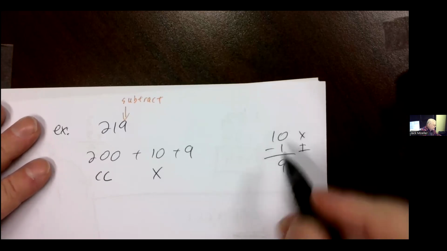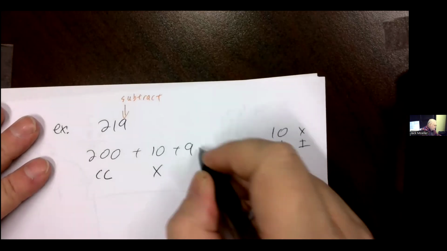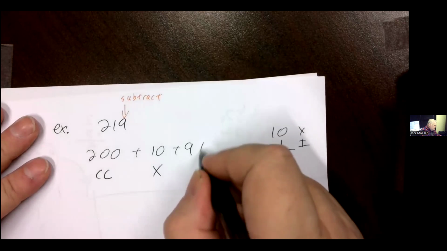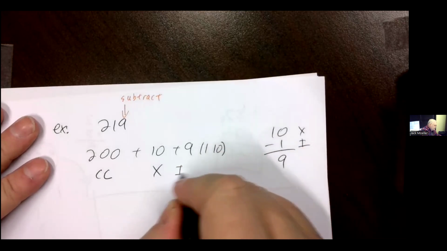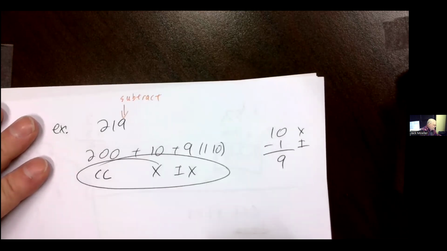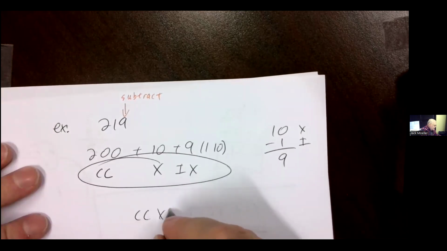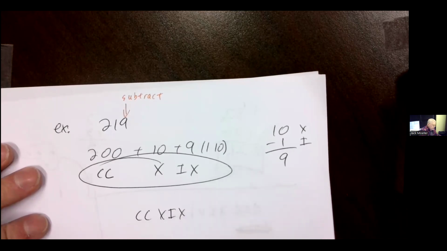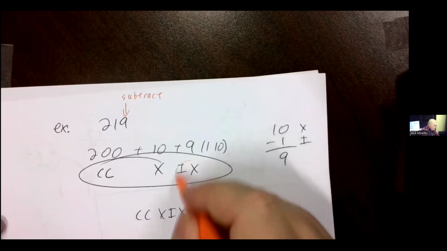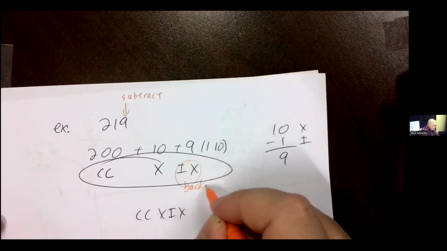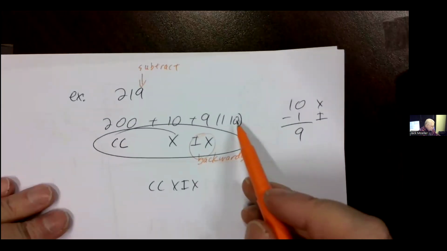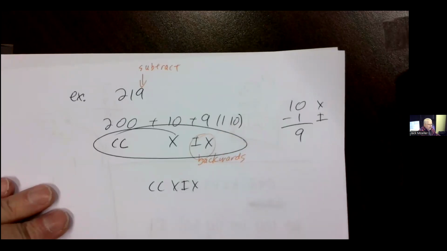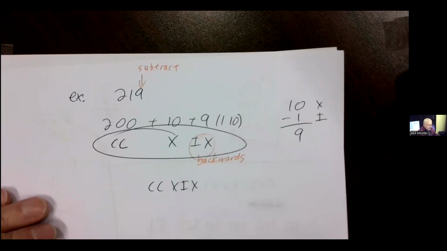We would write 10 minus 1, but for Roman numerals we need to do 1 minus 10. We need the I first and the X second. So CCXIX. Anytime you subtract, those have to be backwards. Don't do 10, 1, because then you're doing 11. But if you do 1, 10, that's increasing, and that tells us it's subtraction.